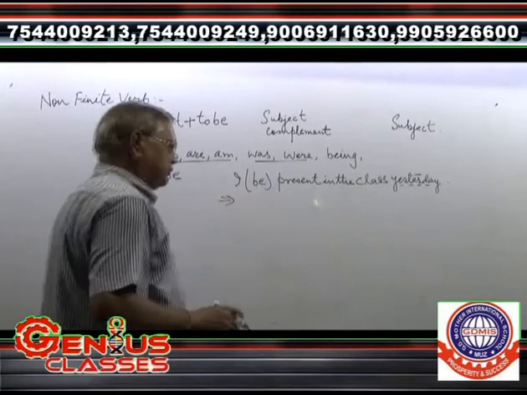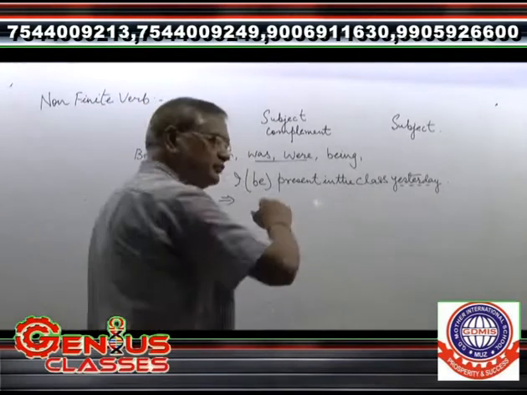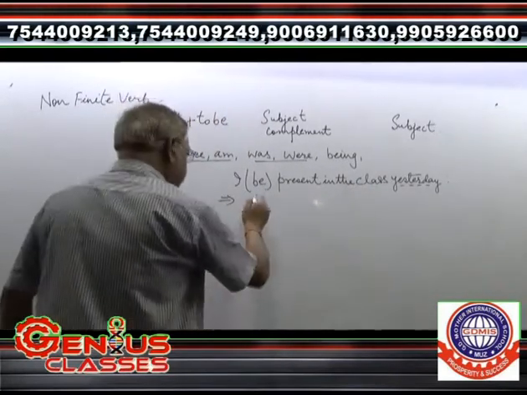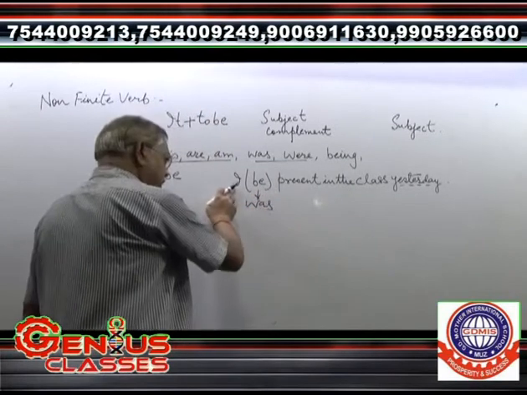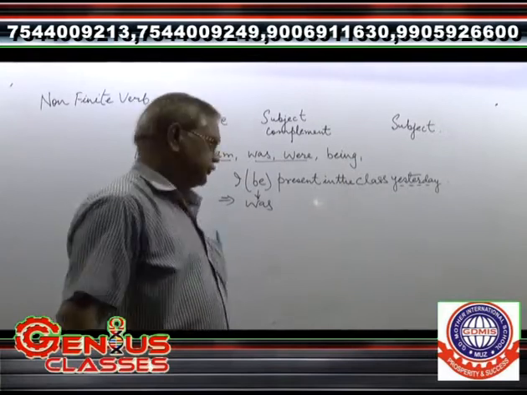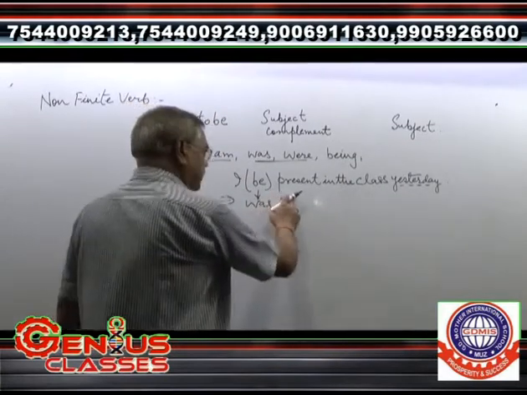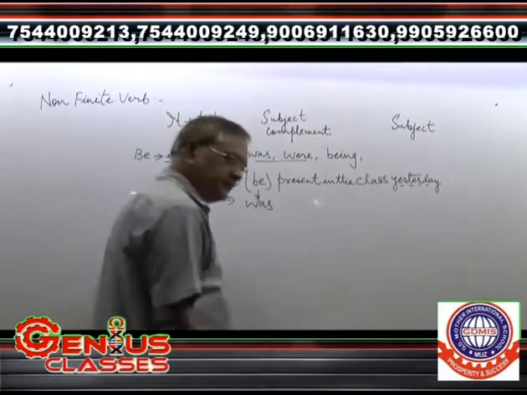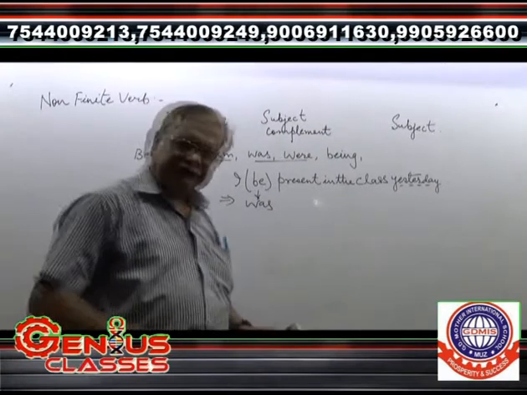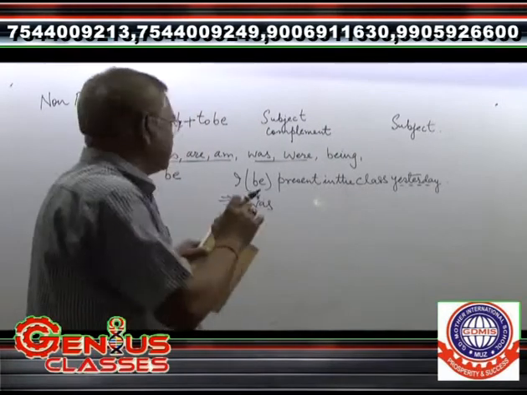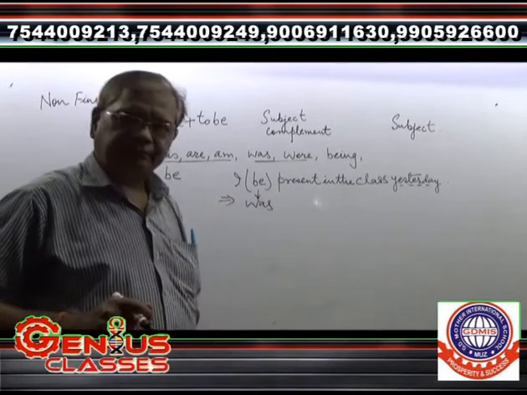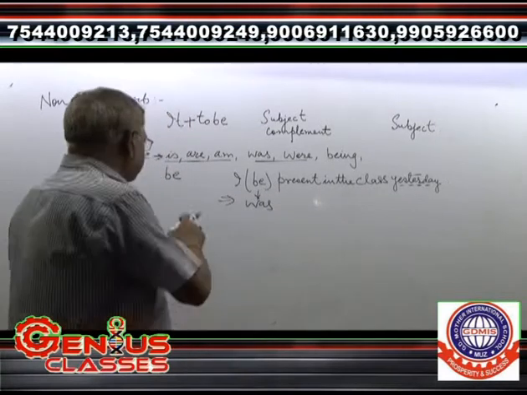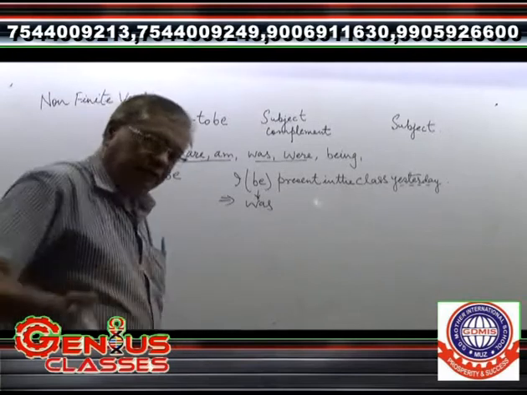Because that is in past tense. So on behalf of be, we can use was, because along with I, was is used. So I was present in the class yesterday. This is extra knowledge that I have given to you, what the be means. And for simple future, it remains be only.